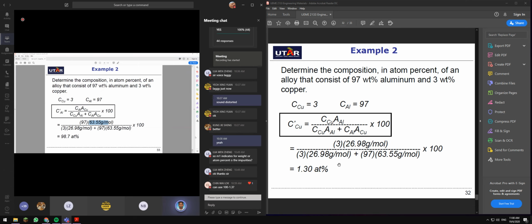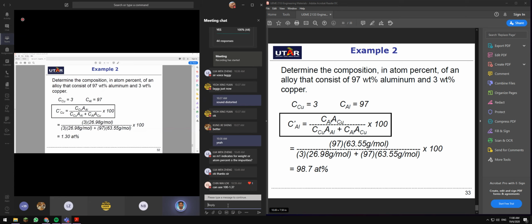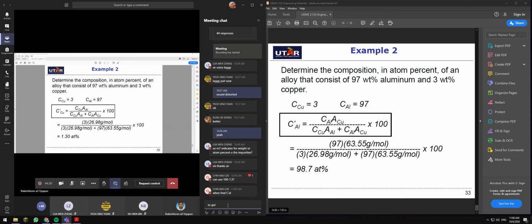All right, there's one question. Can use 100 minus 1.3? No, I don't understand your question. For which example? What do you mean by that, Chan Wai Lok? Yeah, you can use that as well.